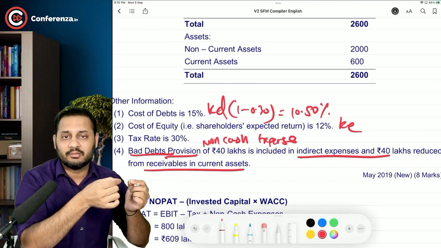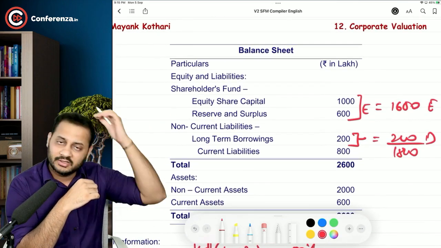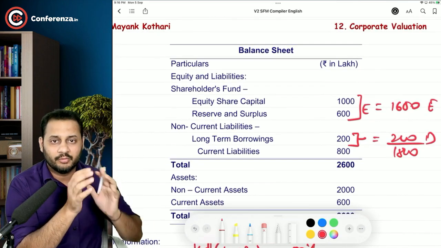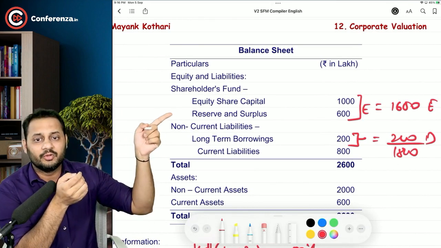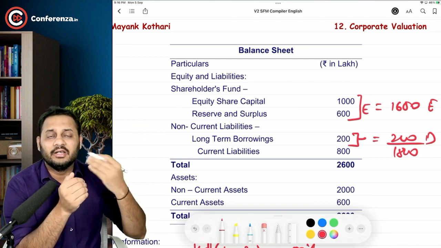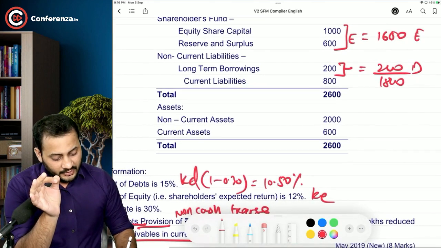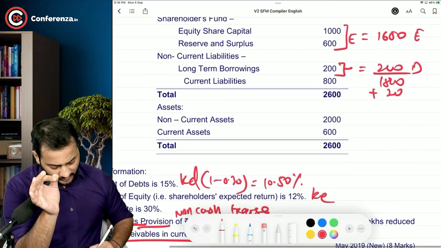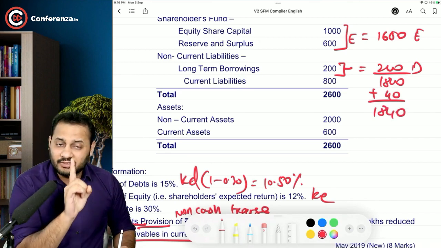Once you add that amount back to the current assets, it will impact the equity capital, because the balance sheet has to match. If the profit will increase, it will again come to the reserves and surplus only, na? So this 600 will be increased by 40. So the net capital will be increased by 40 lakhs, which will make it 1840. The capital invested is 1840.